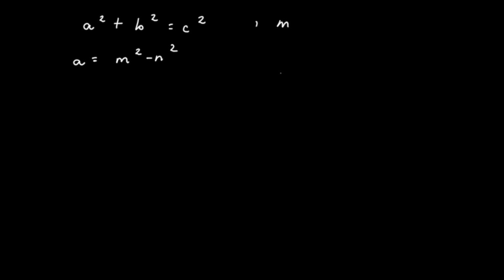And so A is going to equal m squared minus n squared, and B is going to be 2mn, and C is m squared plus n squared. So you can test those out.